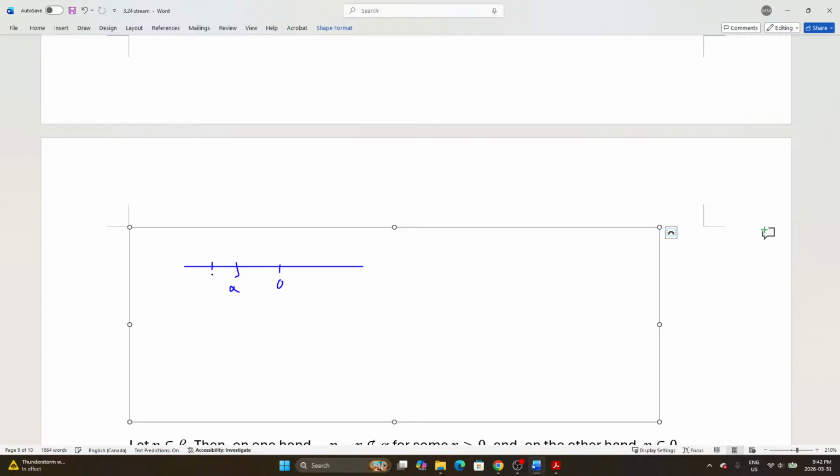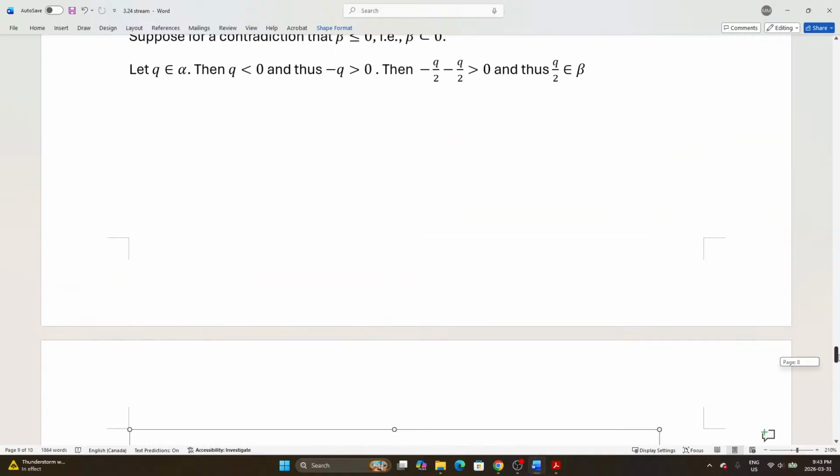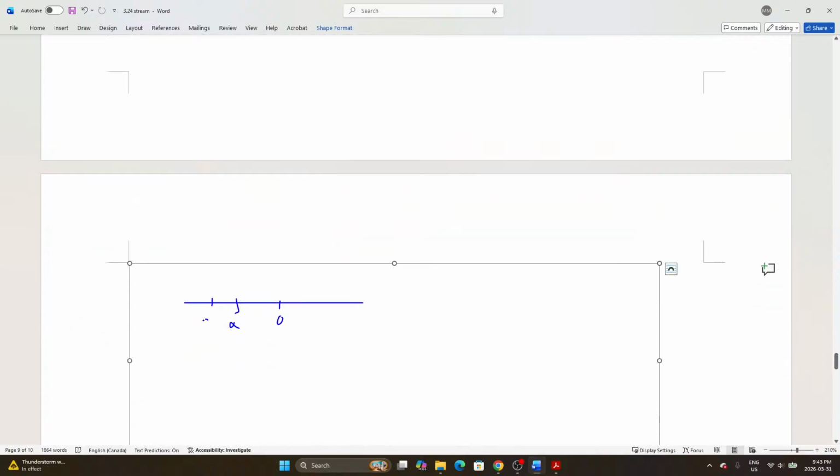I picked an arbitrary element in alpha, calling it q. By the way, beta should be here.